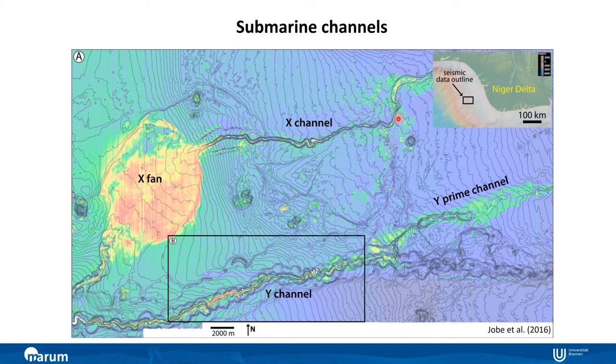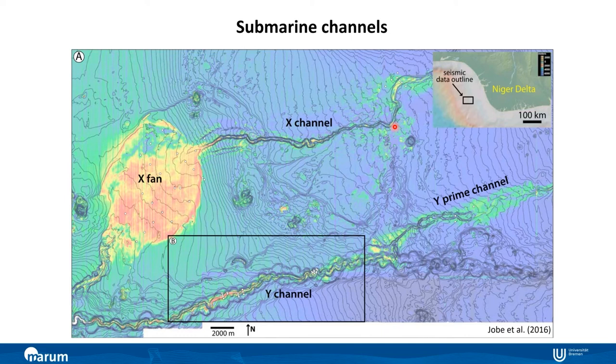And of course, they play a major role, but they are not the only processes that generate channels in these environments. And with this presentation, I would like to show you some other cases of channels that are being formed on continental margins and how they are being formed by or affected by bottom currents.